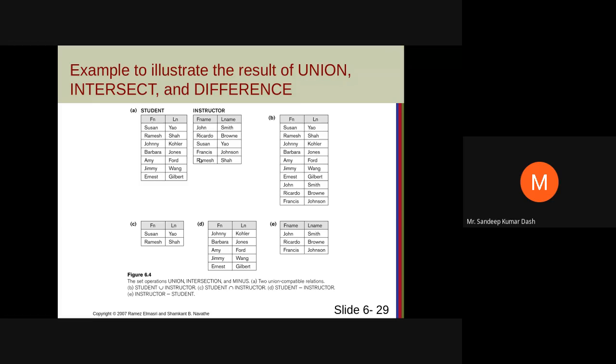Getting? Whichever was common between them in intersection will be displayed. But in case of difference, that will be eliminated and only the data from the first table will be shown. Similarly, instructor minus student, the two common will be eliminated. Rest will be John Smith, Ricardo Brown, and Francis Johnson.